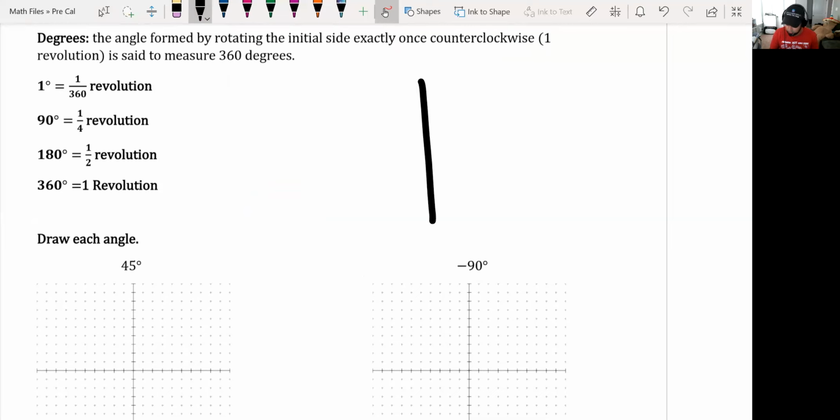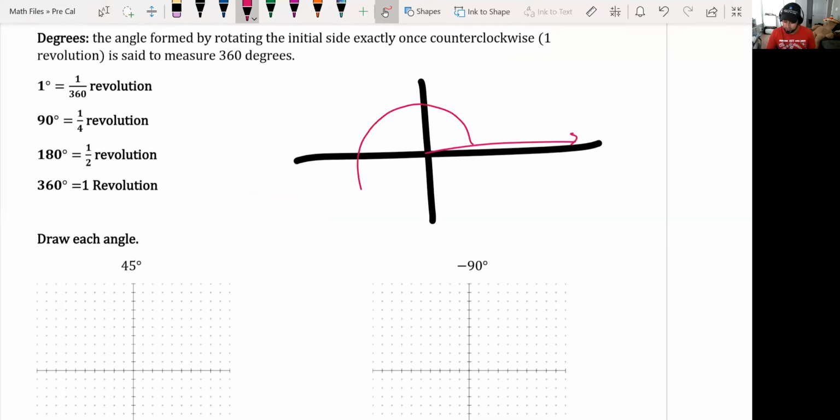So if you were to draw this and you had the initial side, and then the terminal side, you rotate it 360 degrees where it meets up with the initial side, then this would be one full rotation at 360 degrees. So that's one revolution, right? You meet back up at where you started.